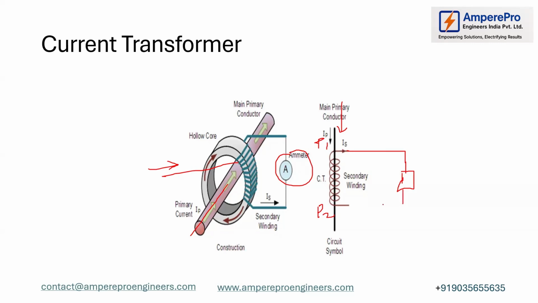The current enters here, and the secondary current leaves like that, then enters the ammeter. This is how in any drawing you will see this notation. That is very important, and this is what we call CT polarity. The CT polarity is very, very important.